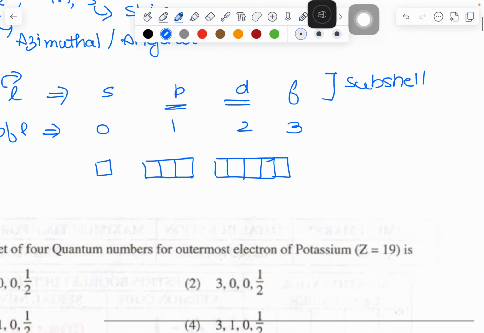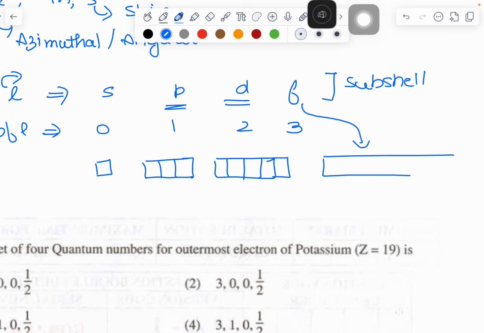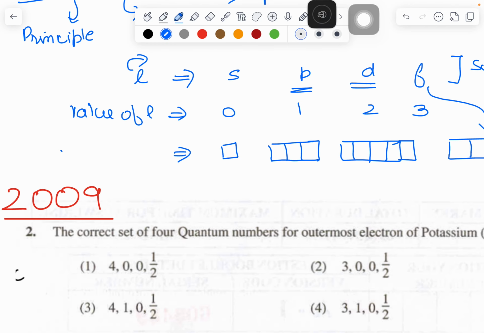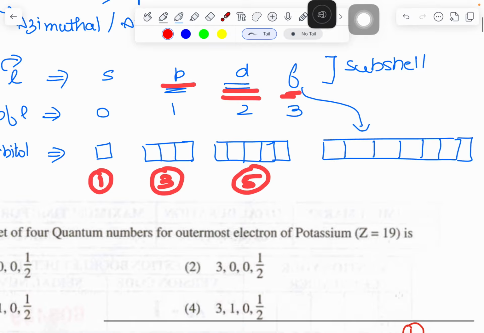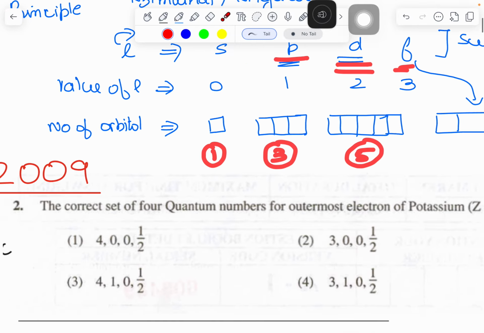Whereas F subshell has 7 orbitals: 1, 2, 3, 4, 5, 6 and 7. These are the numbers of orbitals. So S subshell has 1 orbital, P has 3, D has 5 and F has 7.